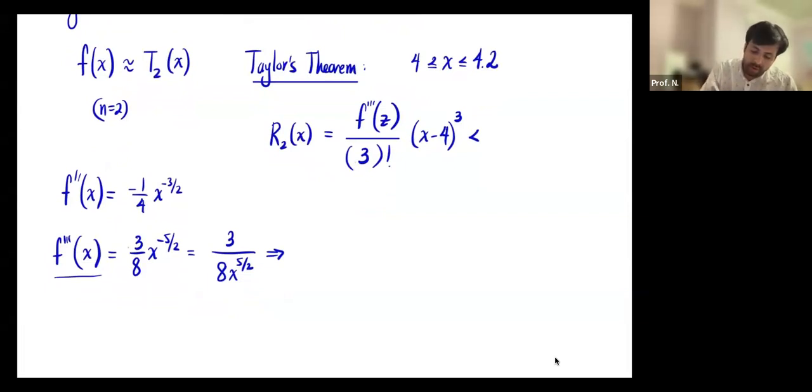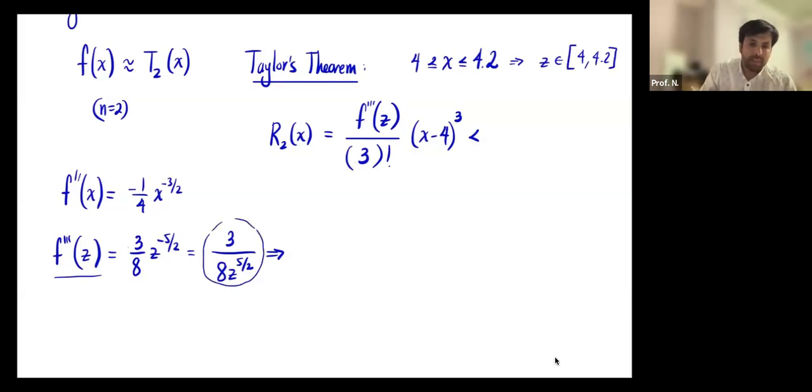I want to choose a z value that's in this interval, so z is also within this interval, so that I can make this as big as possible.